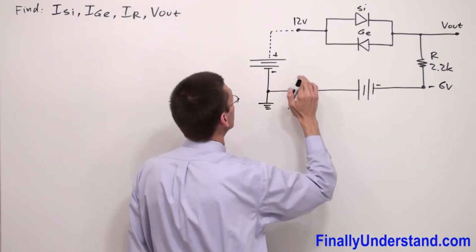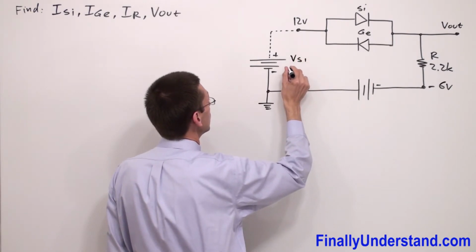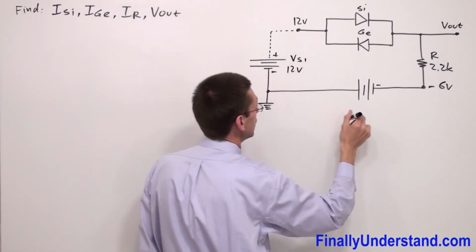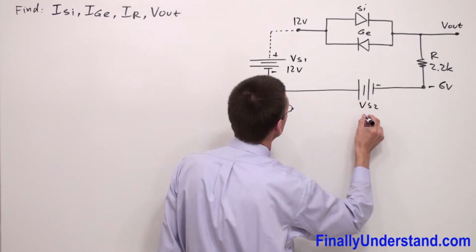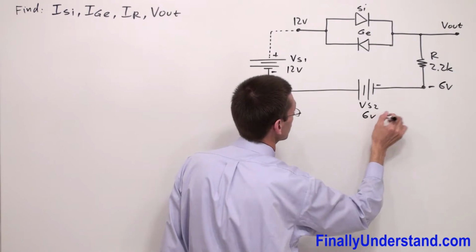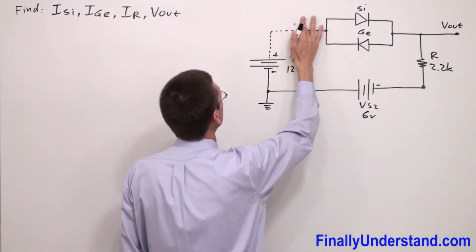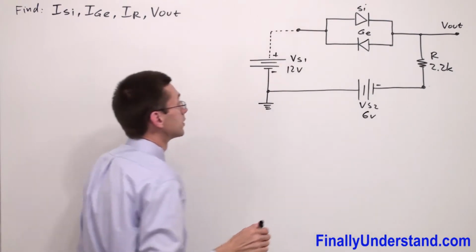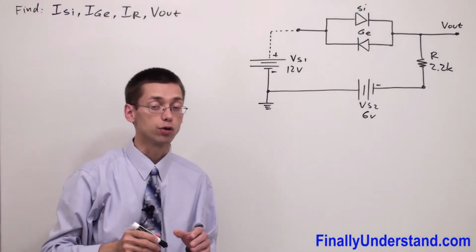Okay, so at this moment I can simply say this is my voltage source 1, which has a value of 12 volts, and this is my voltage source 2, which has a value of 6 volts. Okay, so next we're supposed to simply look at the values of voltages.